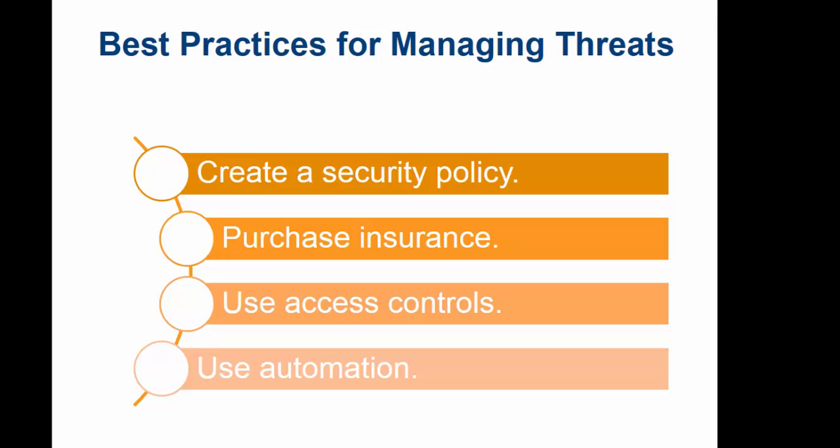But the second best practice for managing threats is to purchase insurance. Purchase insurance to reduce the impact of threats. Companies commonly purchase insurance for fire, theft, and losses due to environmental threats. But there's also a new thing out now, and it's gaining a lot of steam, which is cyber insurance.